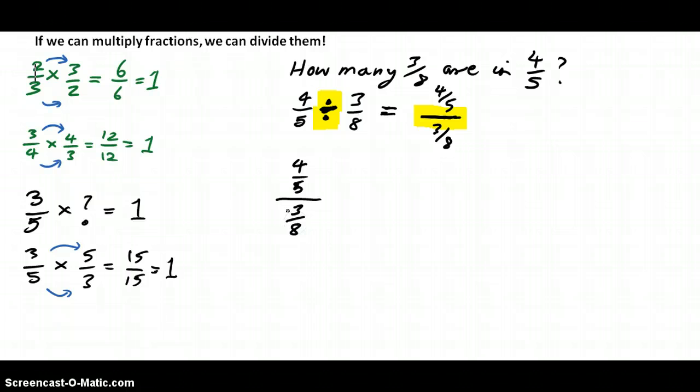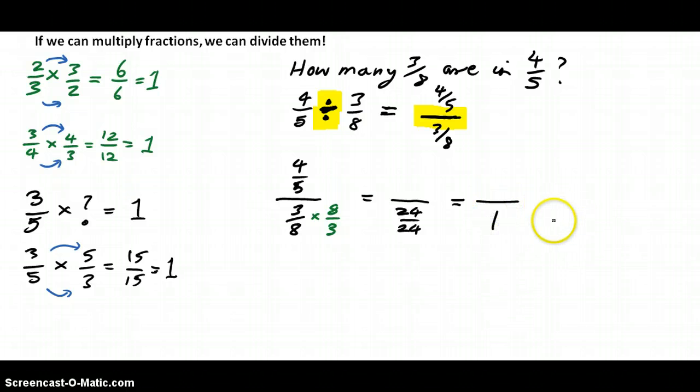Now look at this, see what I do. I am going to choose to multiply the denominator by 8/3. Why do you think I'm choosing 8/3? Good. Because you know that the answer will be 24/24. But what is 24/24? 1.